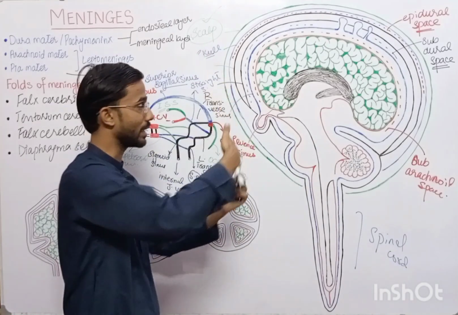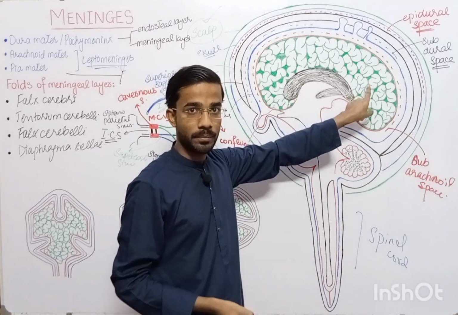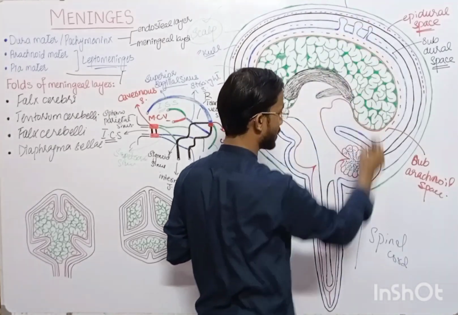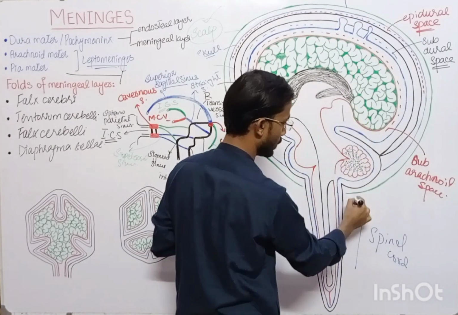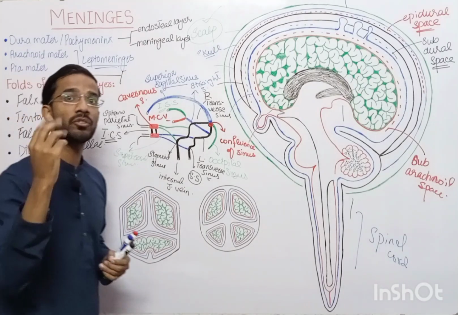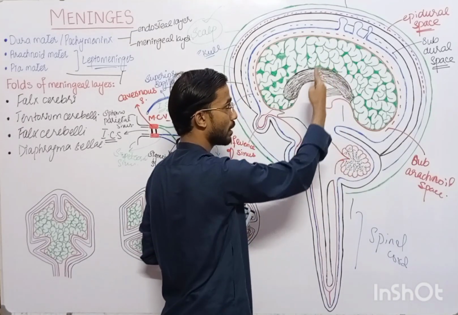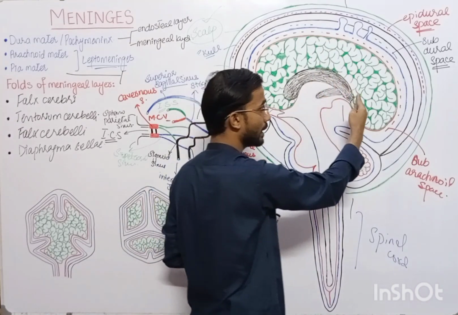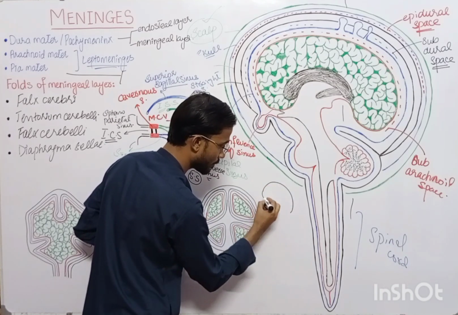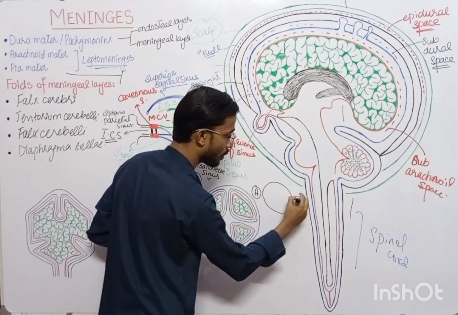We cut this way, and from the posterior part, and after cutting we get three pieces from the anterior, middle and posterior. Let's suppose this is the brain, this is the anterior part, this is the posterior part.